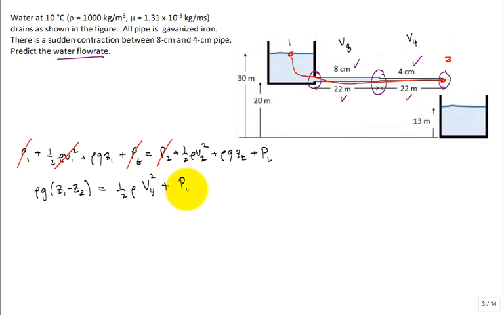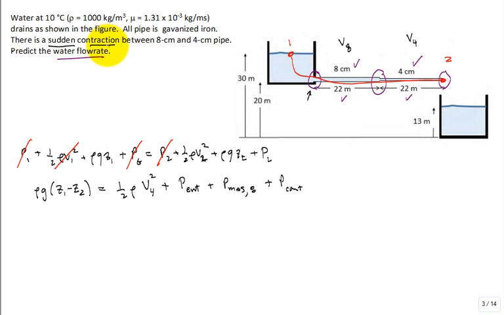We'll have a pressure loss on the entrance here. We'll have a major in the 8 centimeter pipe. We'll have a pressure loss in the contraction, and it describes it as a sudden contraction. And there's a table in the textbook which would be provided for you, or the equations would be provided for you.